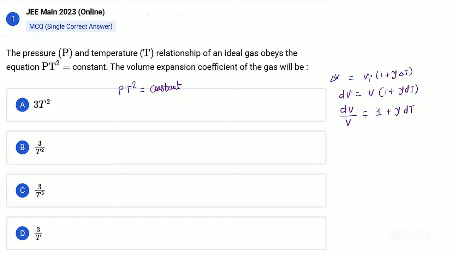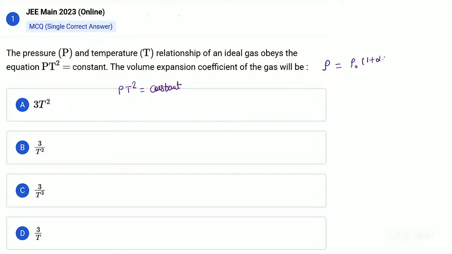So gamma here is nothing but, this is the V final. Just a second. जैसे हम टेम्परेचर का भी निकालते हैं, रेसिस्टिविटी का, तो रो इज इक्वल टू रो नॉट 1 + α ΔT। ठीक है। Now similarly this is V final is equal to V initial 1 plus gamma delta T. Now delta V is nothing but V final minus V initial.